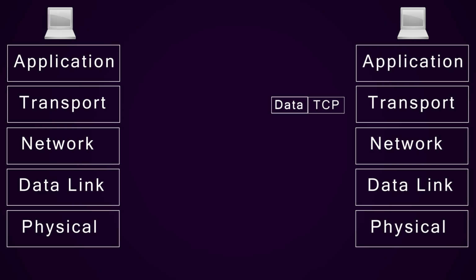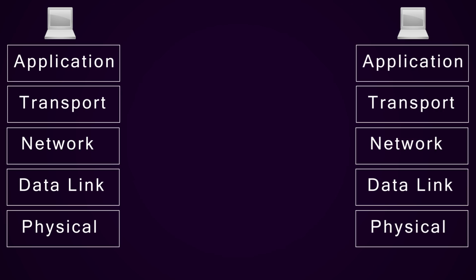It's then passed up to the transport layer, where the method of transport is unwrapped and the source and destination ports are checked to determine which application to send the traffic to. The TCP or UDP header is then removed. Finally, we're only left with the data. This is passed up to the application layer, where it's read by the receiving application. In our case, the email appears in your friend's inbox. The data has now been sent and received, and the whole process of encapsulation and decapsulation is complete.